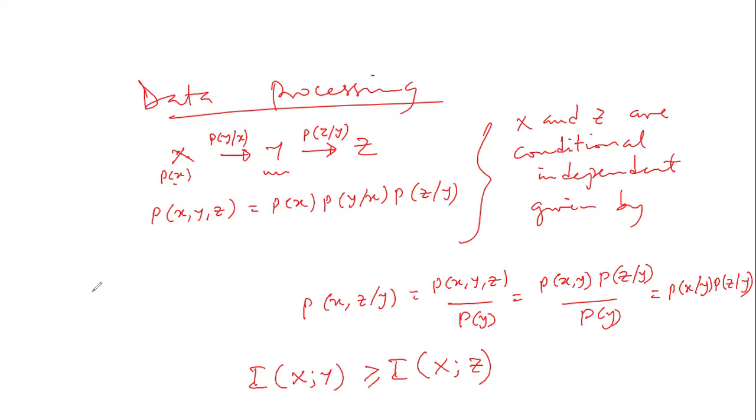So put differently, the mutual information between X and Z is less than or equal to the mutual information between X and Y.